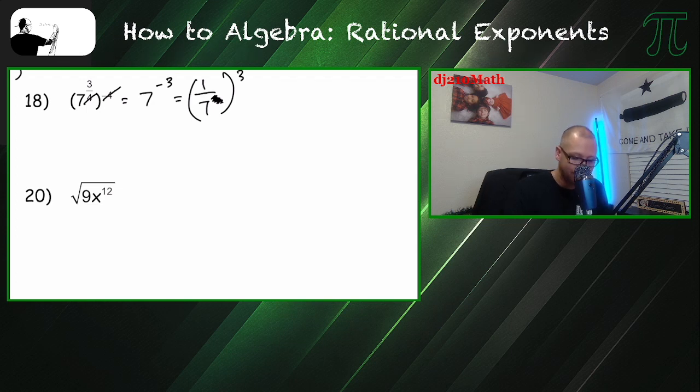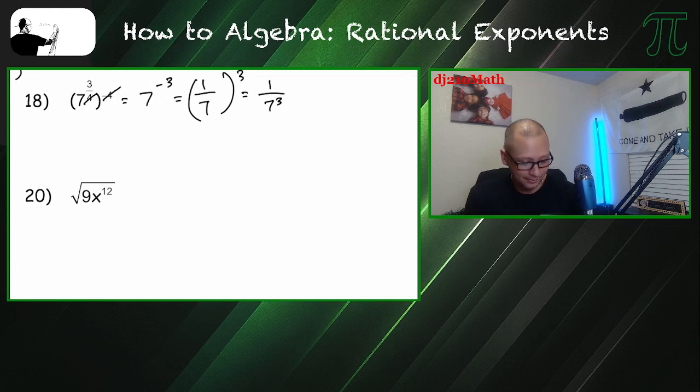Then ultimately, it's going to be 1 cubed over 7 cubed. Right? Yeah, I can cube the top and then cube the bottom. So however you want to look at it.